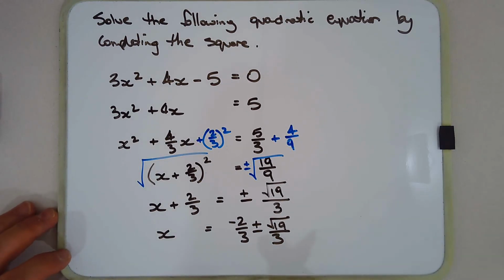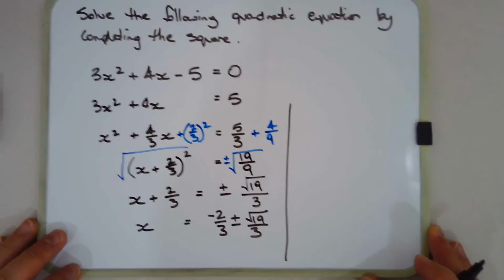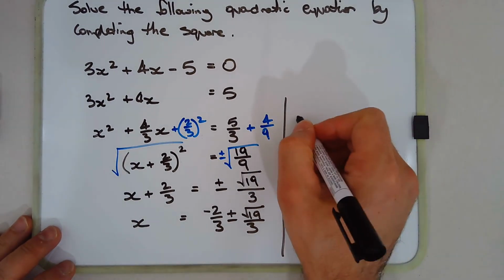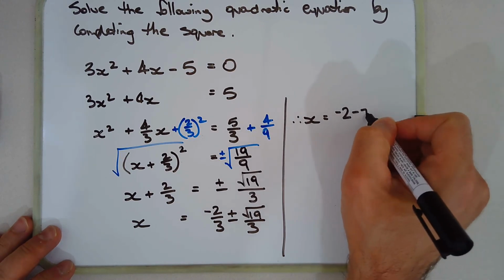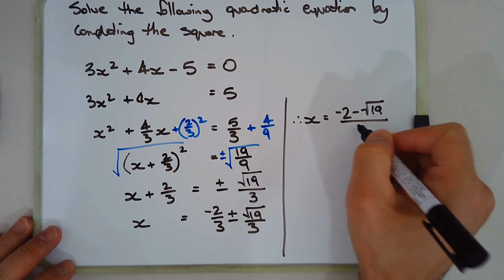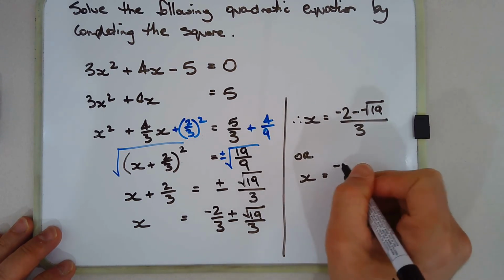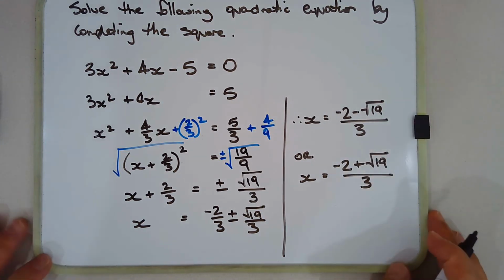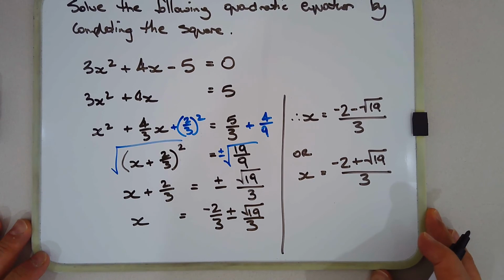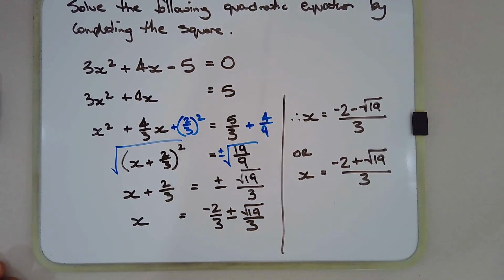If we want to, we could split this into two separate solutions. Therefore, x is equal to negative 2 minus root 19 on 3, or x is equal to negative 2 plus root 19 on 3. And you can in fact use the quadratic formula to get the same result, and it would most certainly work. You should get exactly the same result there.